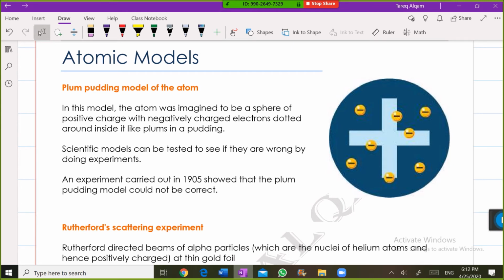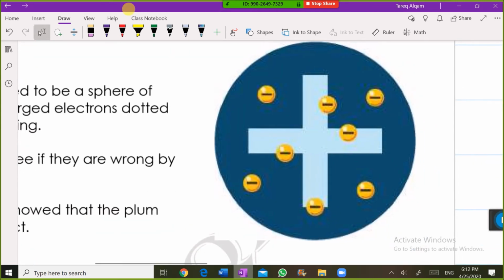This model, by the way, is from the O level. We have here a cloud of positive charge.